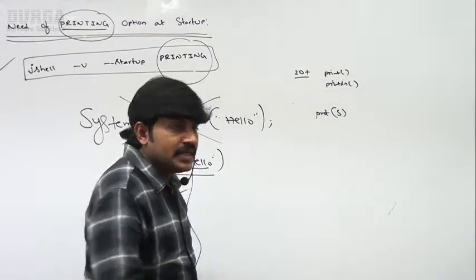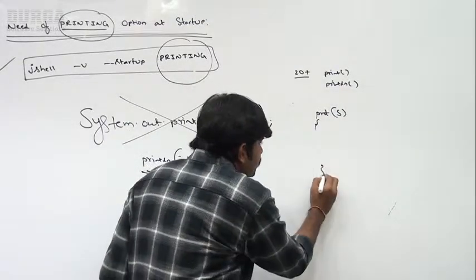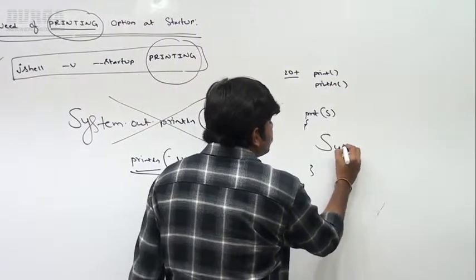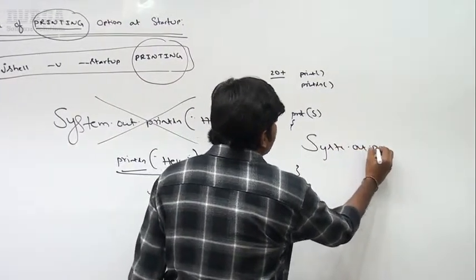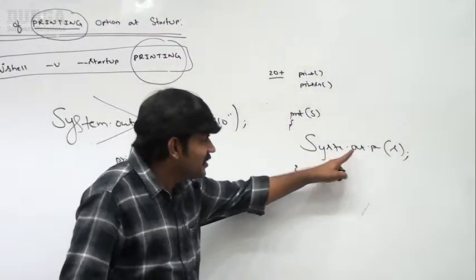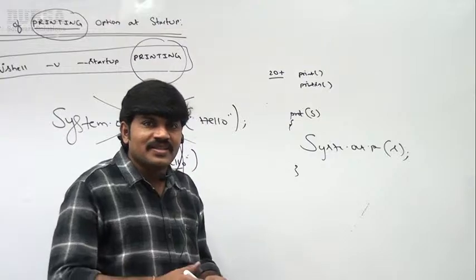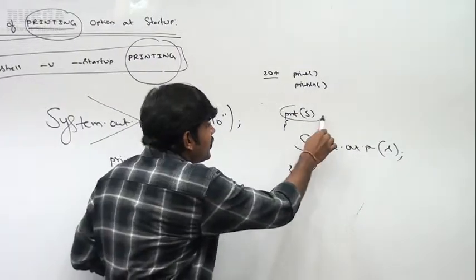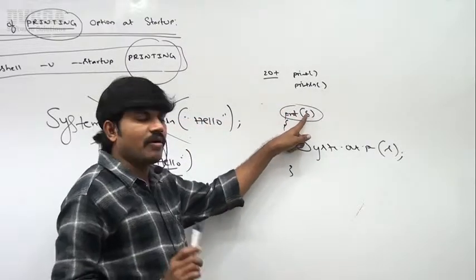Internally, this print of string is going to call System.out.println of s. So the shortcut is nothing but print of s.